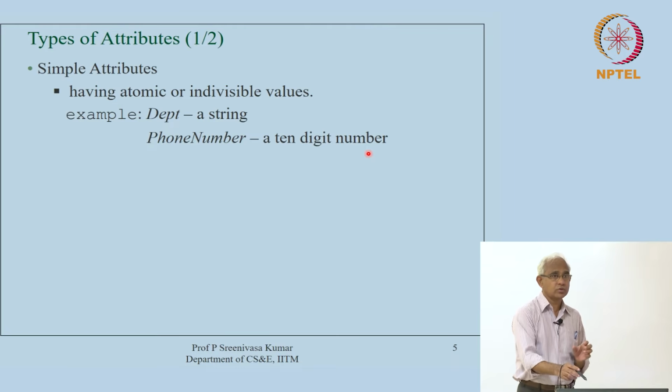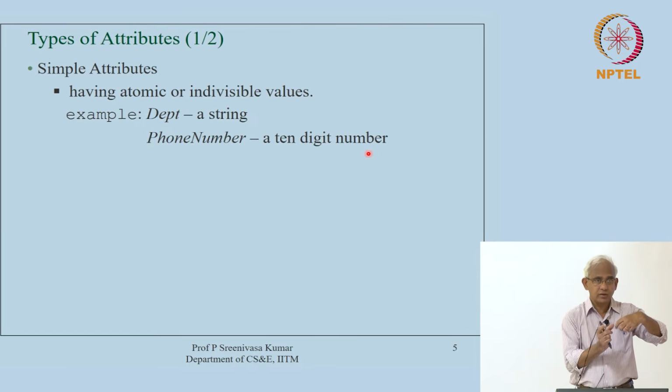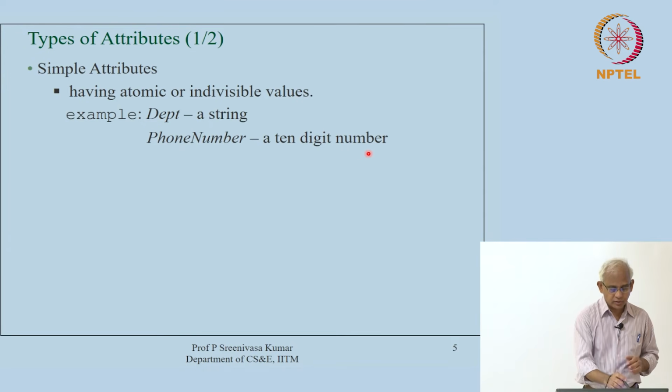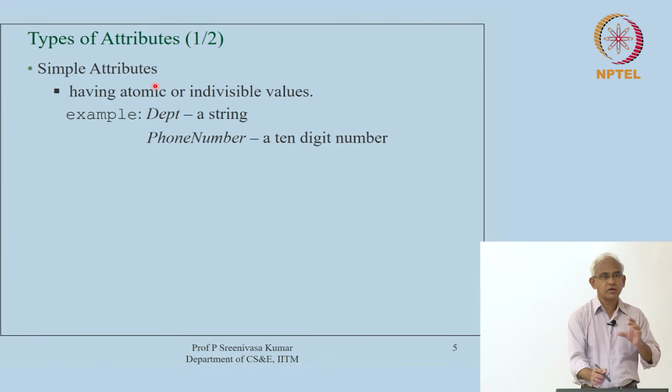Some phone numbers do have area codes and other things, but for our purposes we will treat it as an atomic thing. Okay. So, the important thing is that if we model it as a simple attribute, we are agreeing that we will treat it as an atomic, indivisible value.